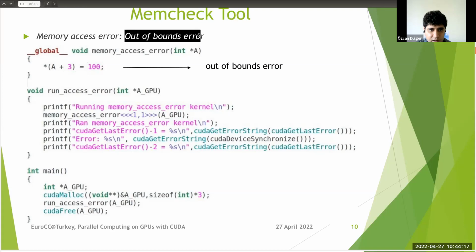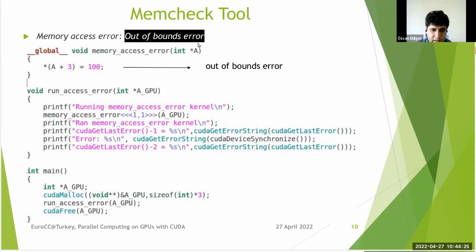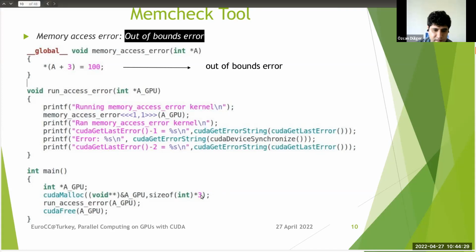example is about out of bounds error. That means we exceed the last item of the array. Here we have 3 elements in our array. And in here, inside the kernel, 100 is tried to be stored in the 4th element of the global array.